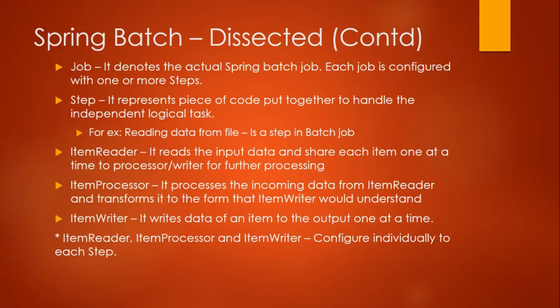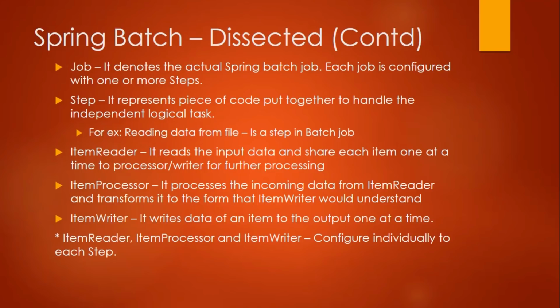Once item processor processes the incoming data, it will send the transformed data to item writer, and item writer will just put the data in the respective format. If you configure your item writer to create a CSV file, each item retrieved from processor will be put into the CSV file.